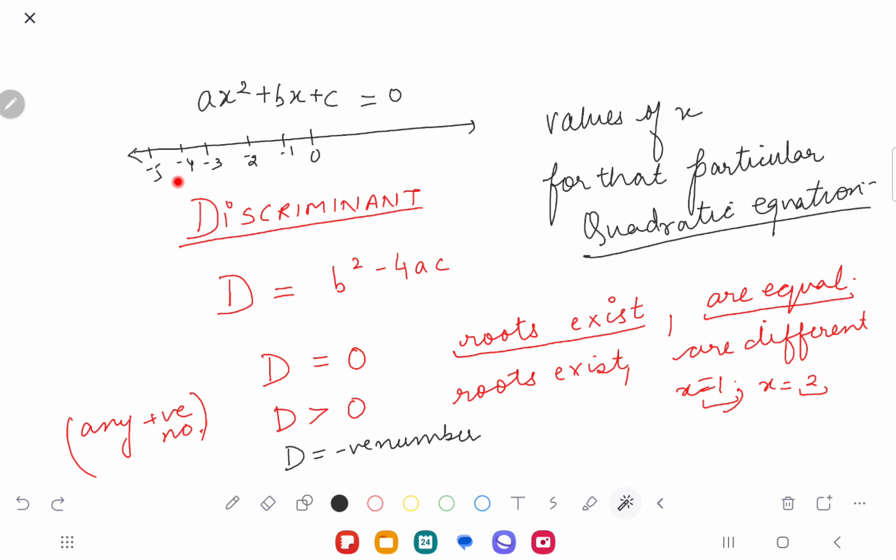So that's the concept. When all the numbers less than 0 are negative, can I also say that if discriminant is less than 0, the roots do not exist?